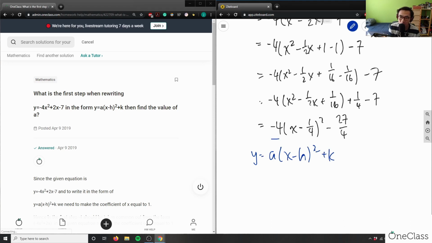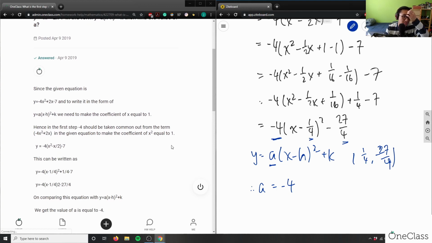Therefore, a equals negative 4, and that's our value of a. Our vertex, the x value and the y value, is 1/4 and negative 27/4. This is our correct solution with negative 4.